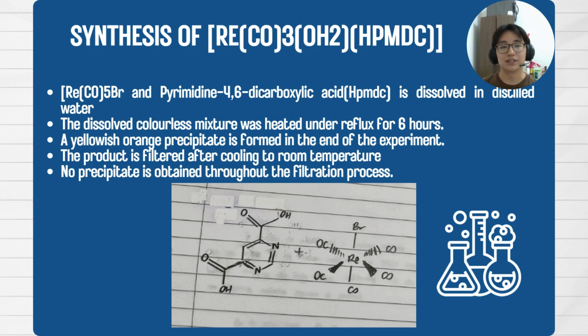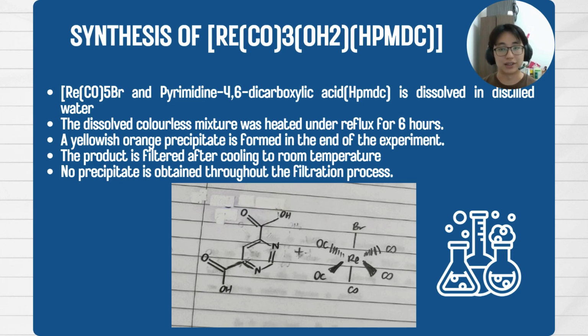Now we will be discussing the synthesis method for the metal complexes. For the left one, the ones with dicarboxylic acid, aqua tricarbonyl pyrimidine 4,6-dicarboxylic acid rhenium or technetium, we start off by using bromopentacarbonyl rhenium and pyrimidine 4,6-dicarboxylic acid.